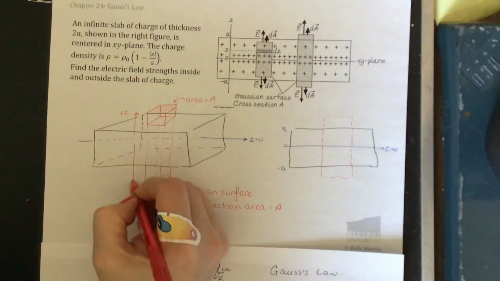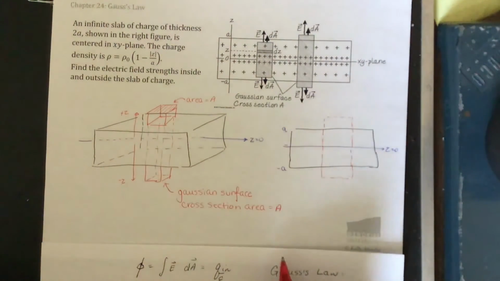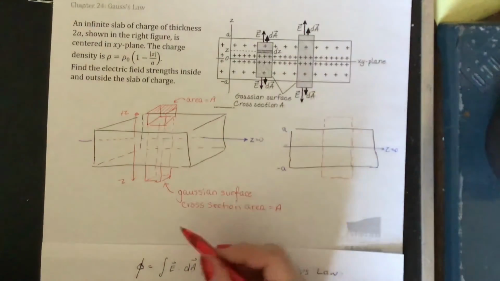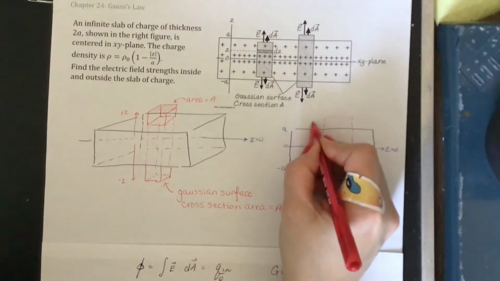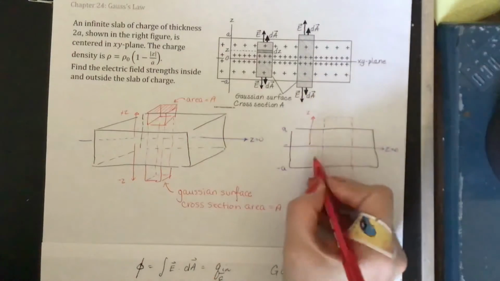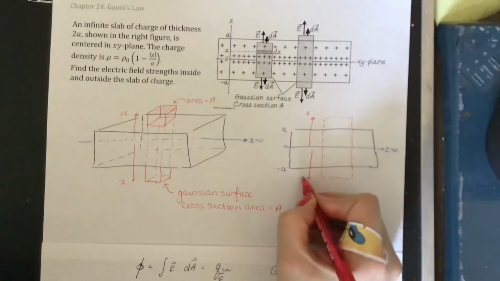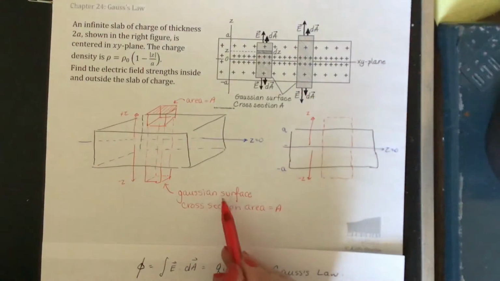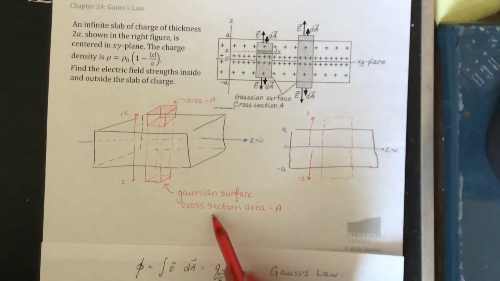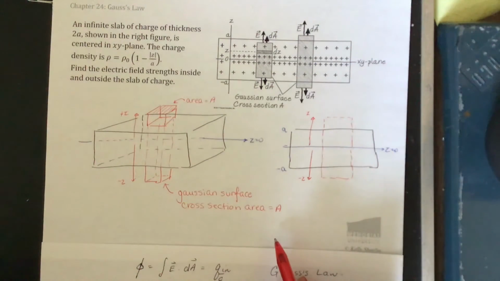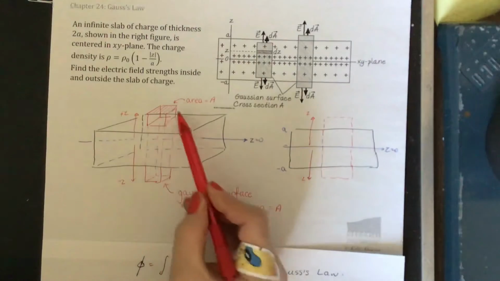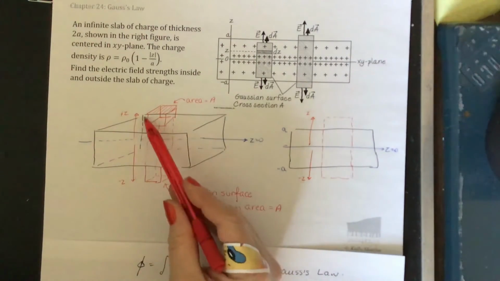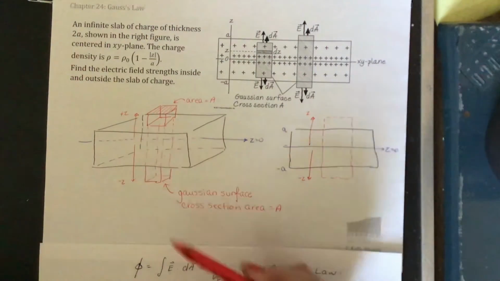My drawing is not 100% perfect, but just imagine it's symmetric on both sides. I did a little better on the 2D drawing. So there's our Gaussian surface. Cross-section area equals A. The volume would be the area times the thickness, so area times 2z is the total volume of that Gaussian surface.